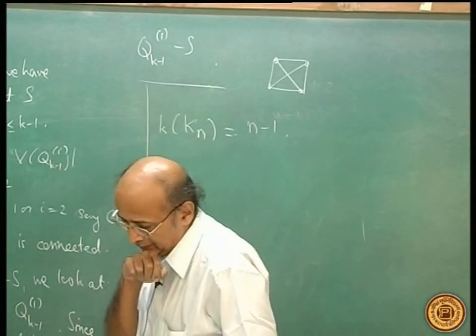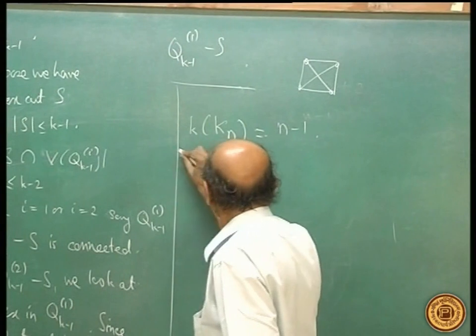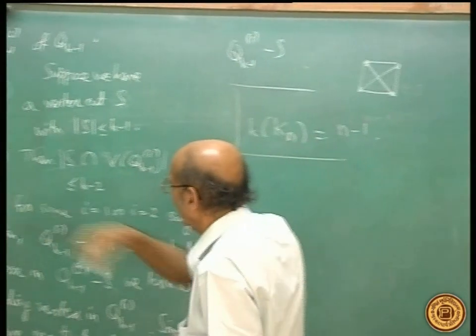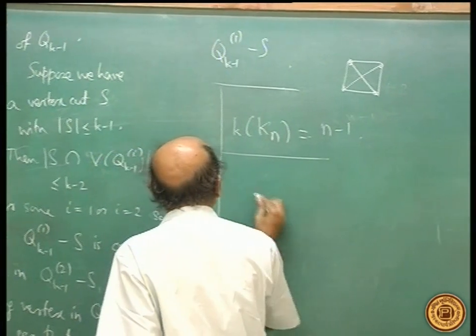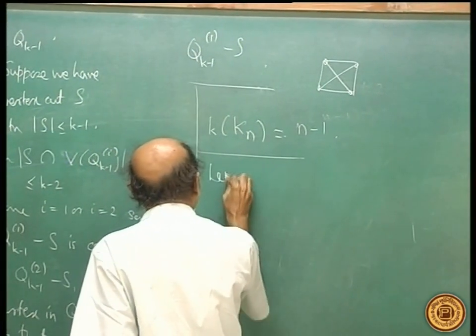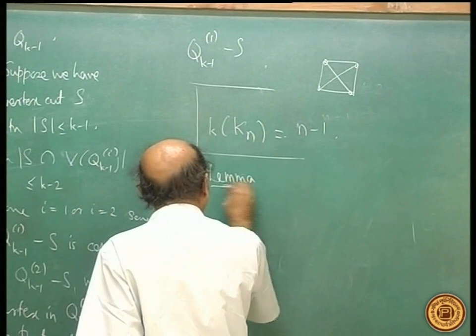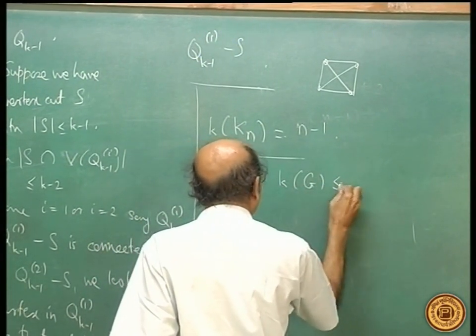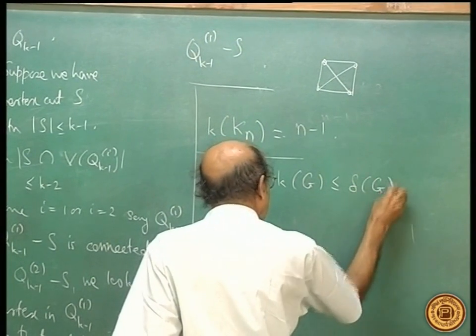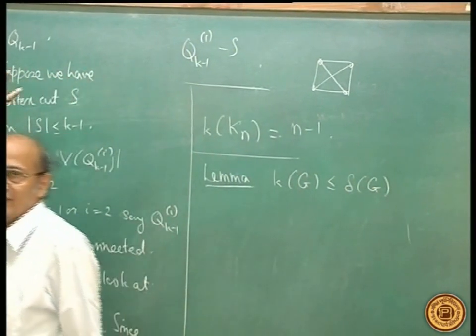So incidentally, the one part we didn't look at is that connectivity is no bigger than the minimum degree. That is clear.